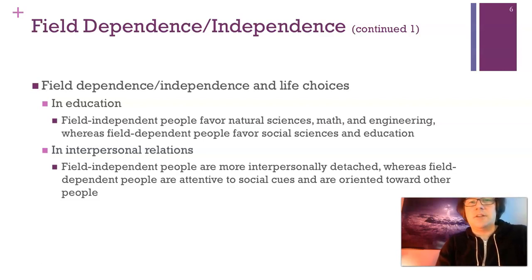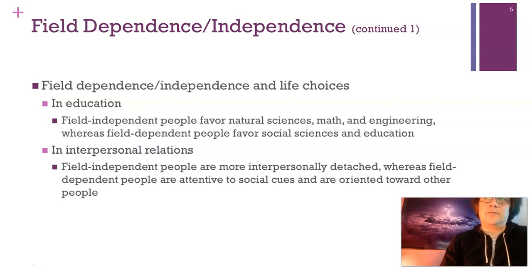But when it comes to field independence or dependence and life choices in education, field independent people tend to favor natural sciences, math, and engineering, whereas field dependent people tend to favor the social sciences, education, and even the arts. In interpersonal relations, field independent people are more interpersonally detached. This is what we mentioned before.